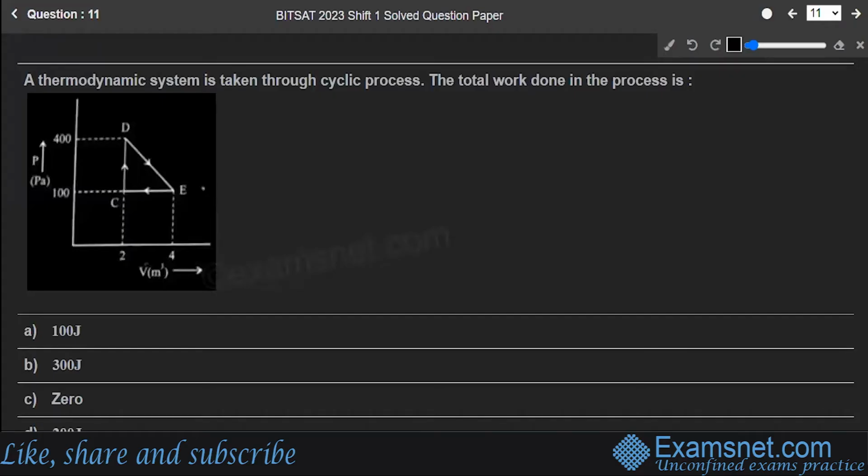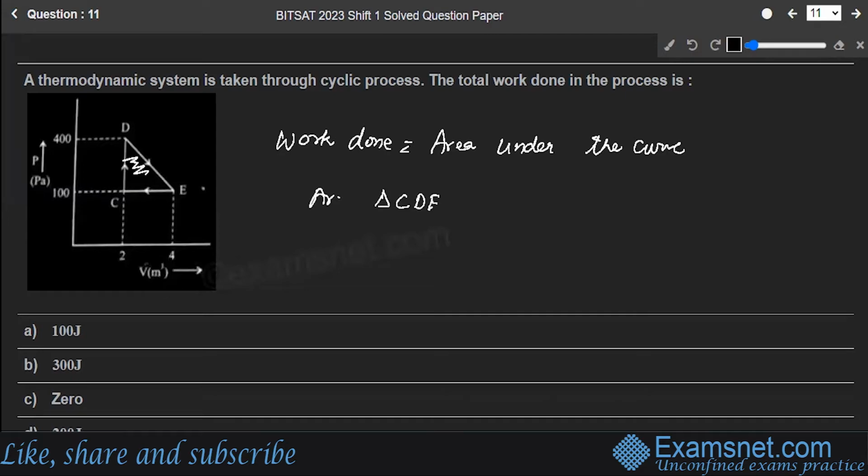Question number 11, the thermodynamic system is taken through a cyclic process. The total work done in this process is, see, the work done will be equal to area under the curve. That means this area, the simple area of the triangle. We have to find out the area of triangle CDE.